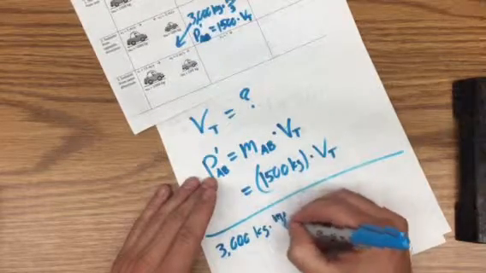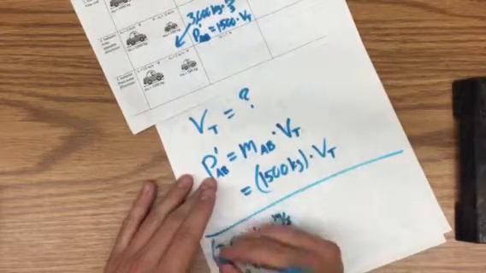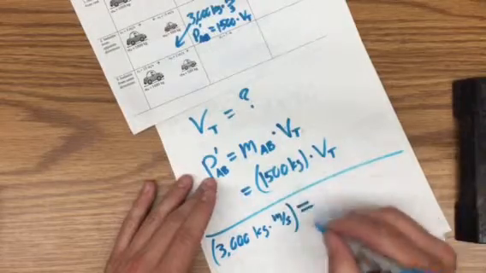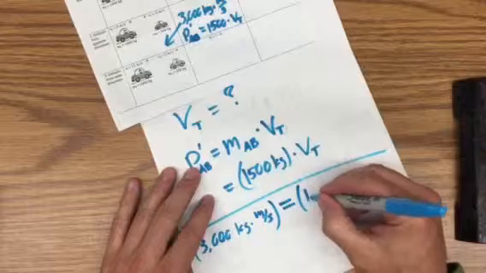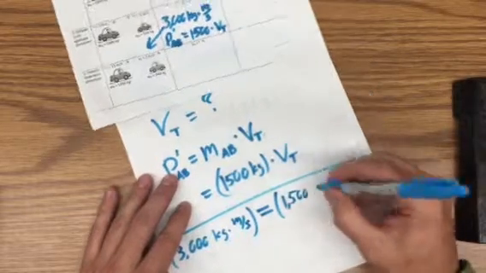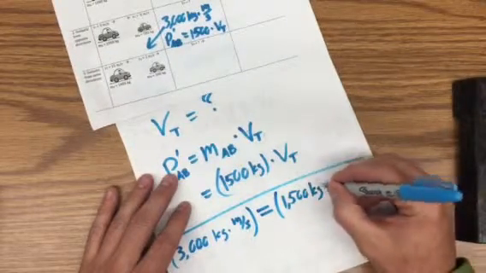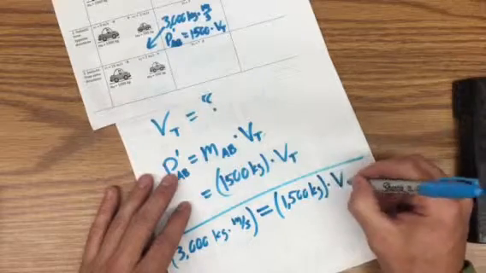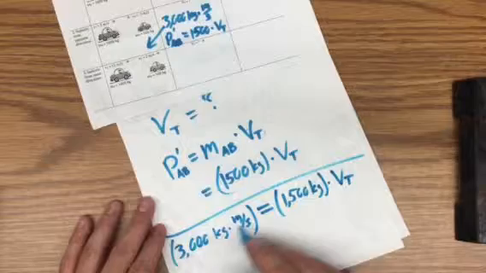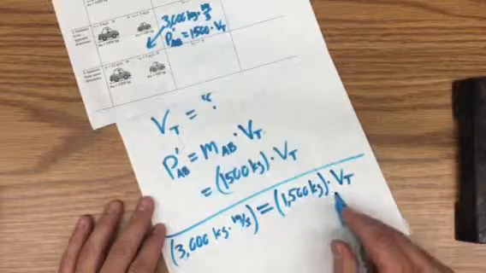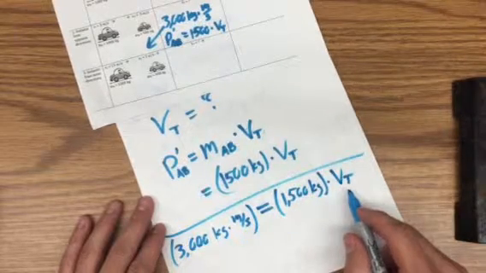Set it equal to our momentum after the collision, which is 1,500 kilograms times some number of meters per second, some speed. 3,000 equals 1,500 times unknown.